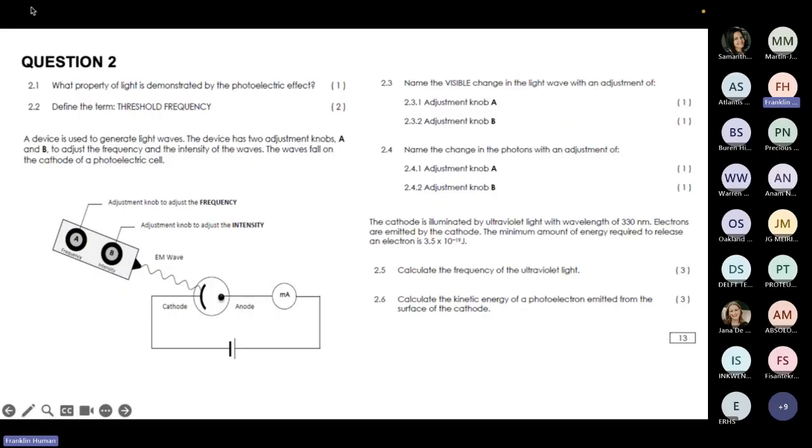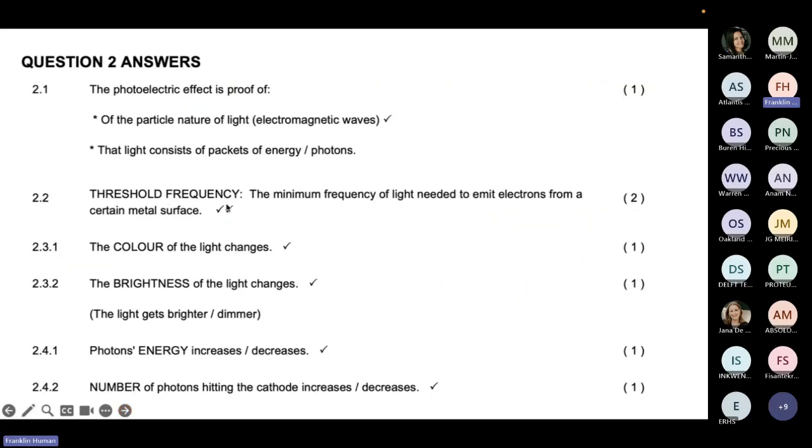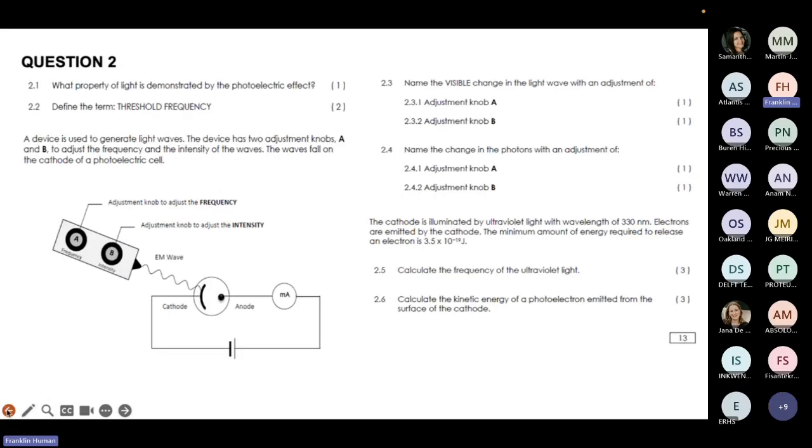So when we define threshold frequency, this would make a lot of sense. Threshold frequency is the minimum frequency, and please remember the word minimum when you write your definition. Minimum frequency of light needed to emit electrons from a certain metal surface. Remember, without the word minimum, you won't get the marks for that question.